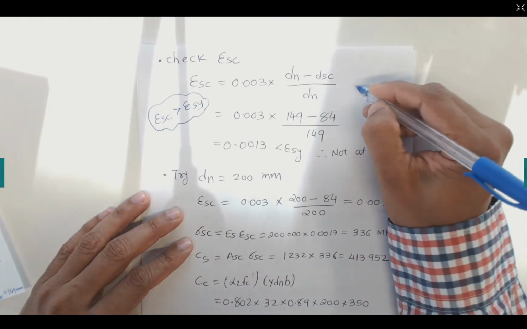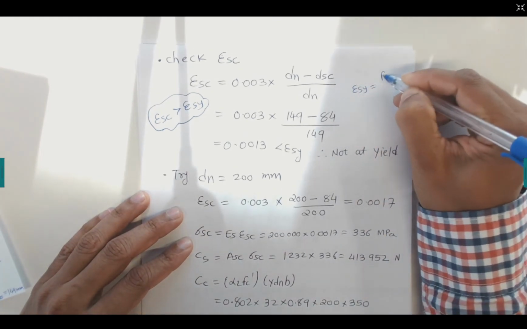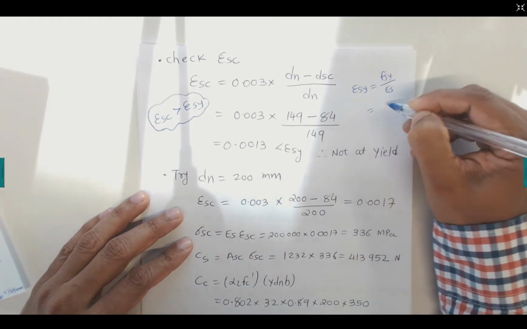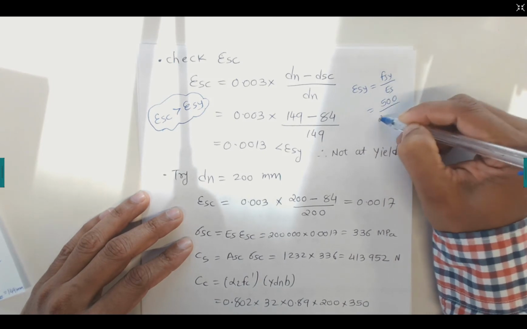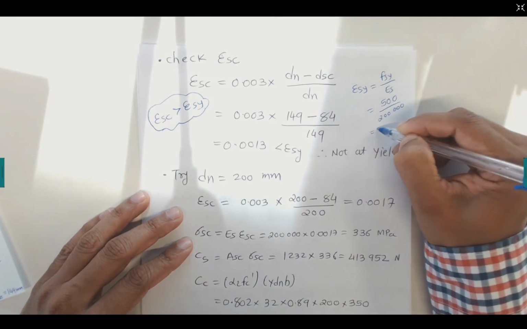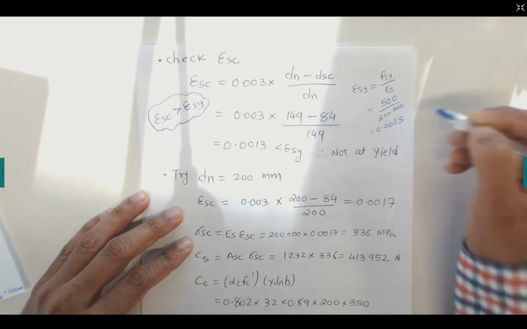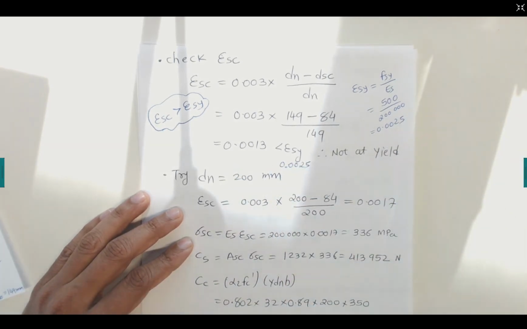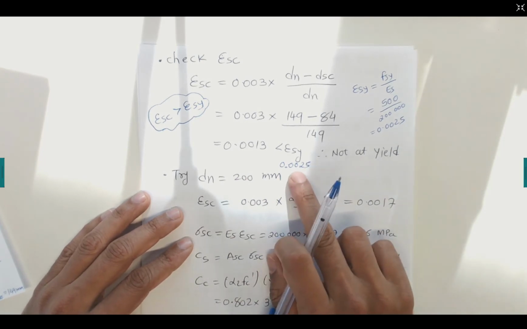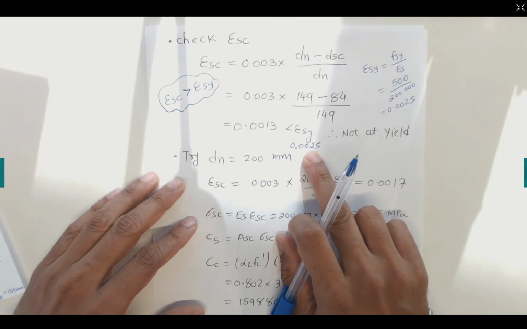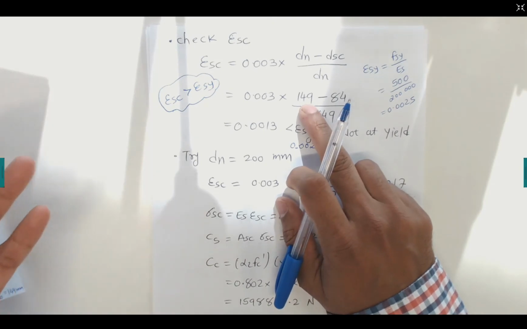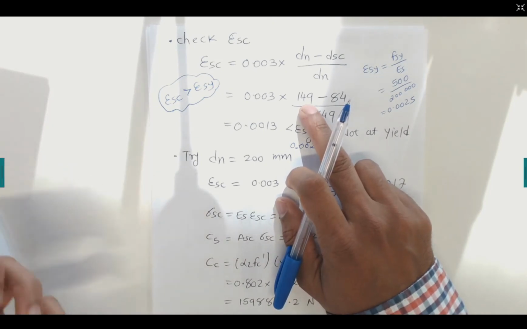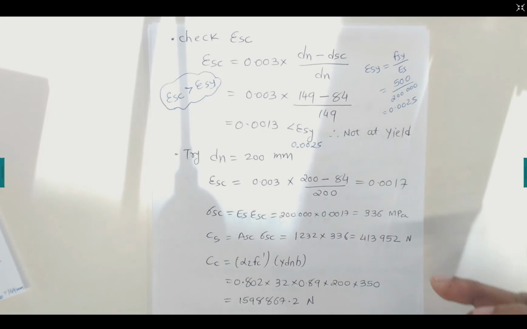What is ESY? ESY is fsy on Es, which is 500 over 200,000, given as 0.0025. So obviously 0.0013 is less than that; we need a value greater than ESY. So what happened here? This dN of 149 millimeters is not correct because our steel is not yielding.